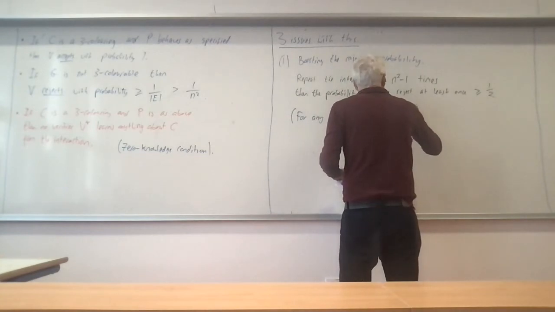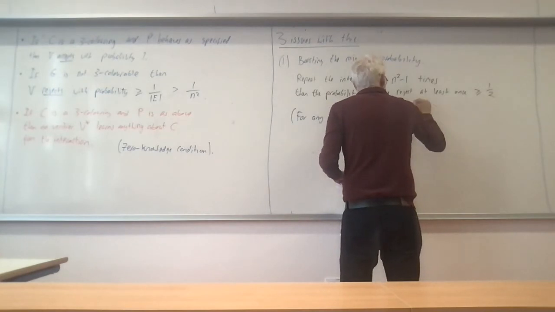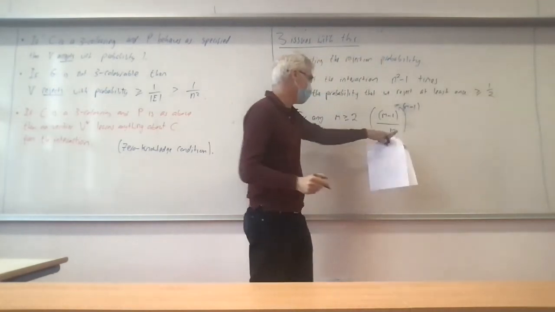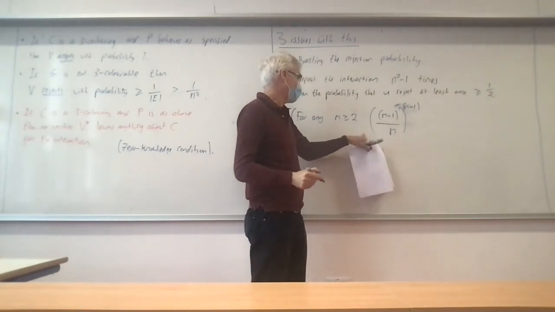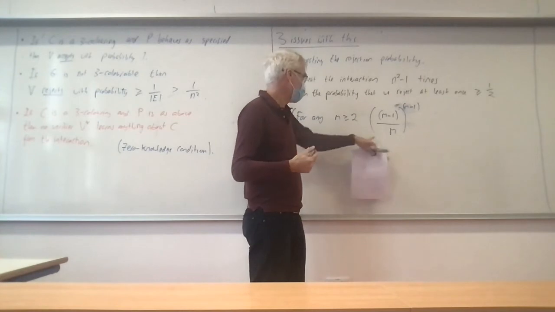Then we're looking at n minus 1. So if we repeat it n minus 1 times, we get this probability. So this is the probability that we accept every time if there are n minus 1 out of n possibilities of acceptance.